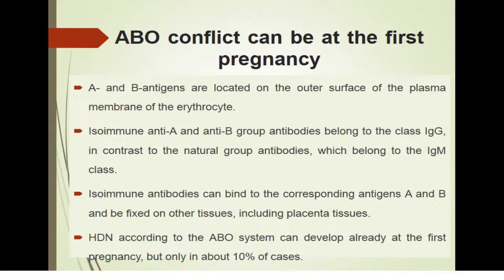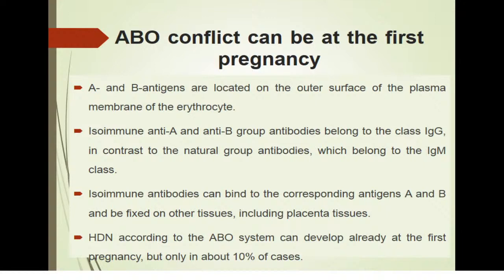Immune anti-A and anti-B antibodies belong to the class immunoglobulin G, in contrast to the natural group antibodies, which belong to the immunoglobulin M class.